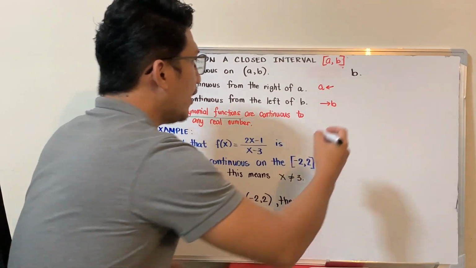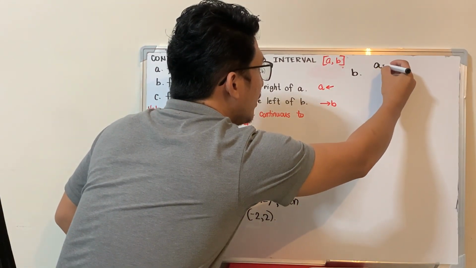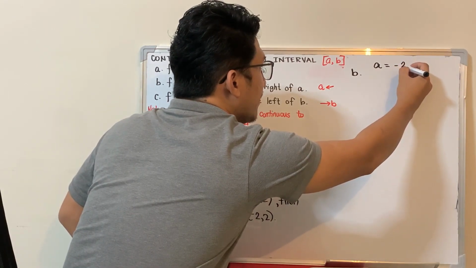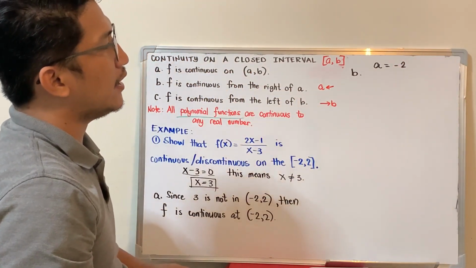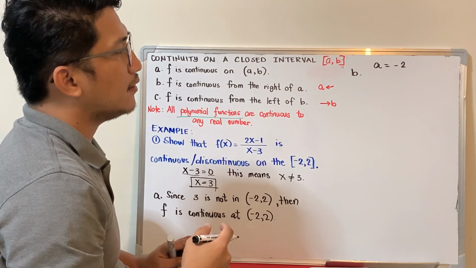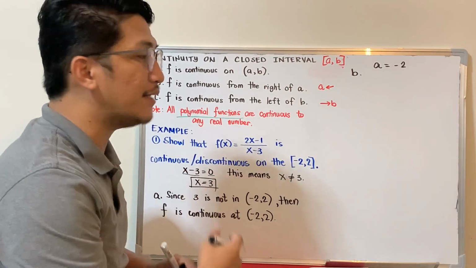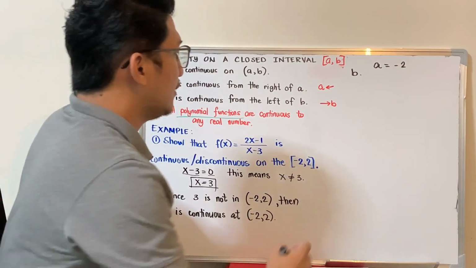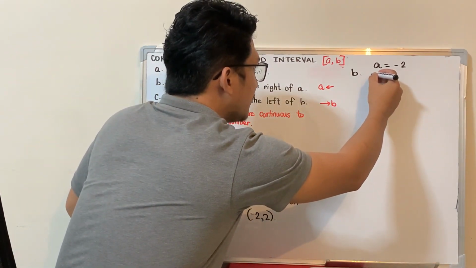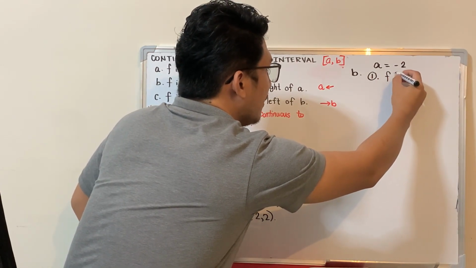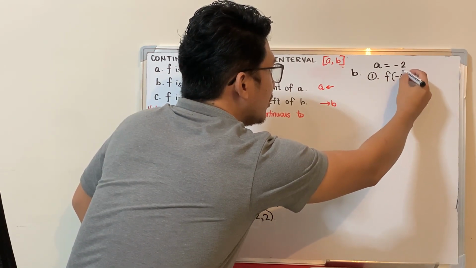Here, our A is equal to negative 2. So we show that the function is continuous at negative 2 from the right. First step, we check f of negative 2.